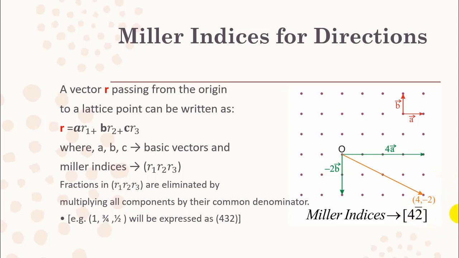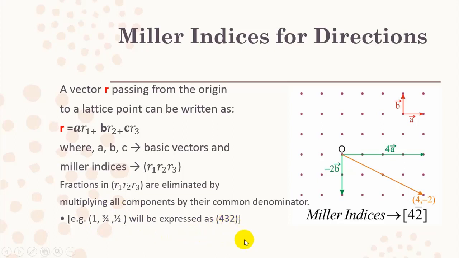The fractions in r1, r2, r3 are eliminated by multiplying all components by their common denominator. For example, we have a site with coordinates or Miller index 1/4, 3/4 and 1/2, and this Miller index for the site can be expressed as (1 3 2) enclosed by parentheses, where the common denominator is 4.